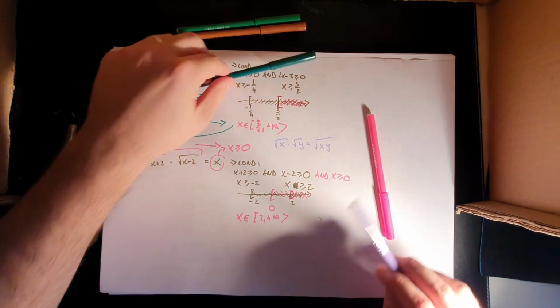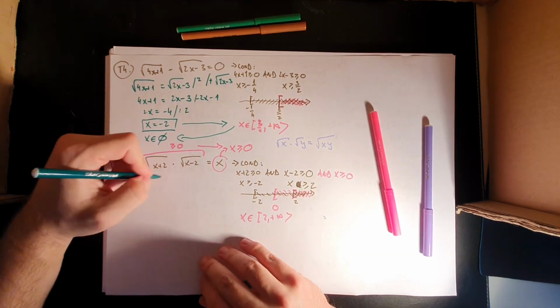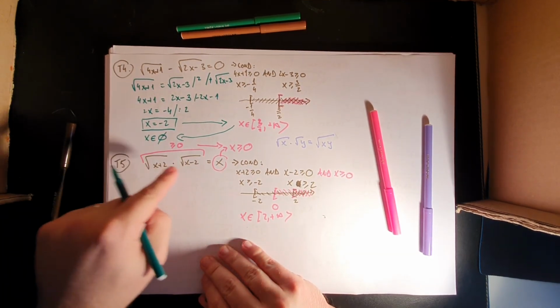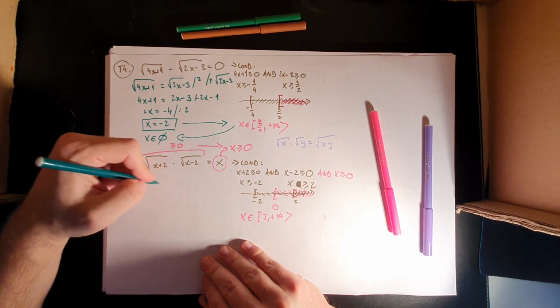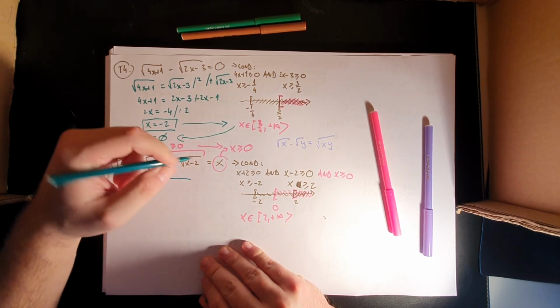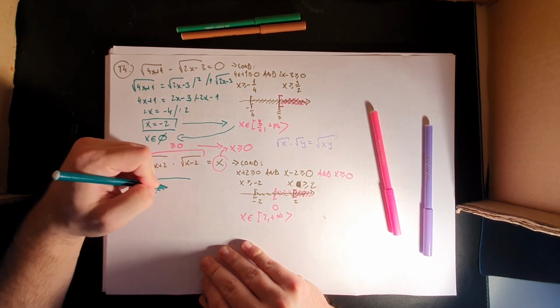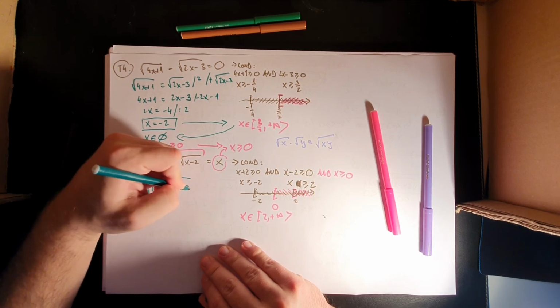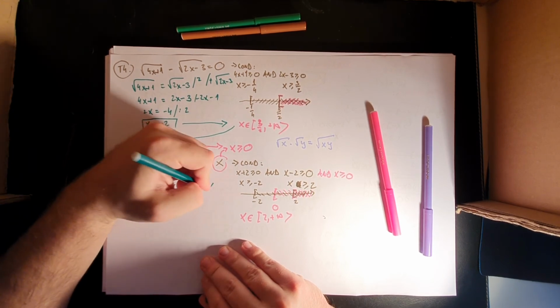Let's apply it to this task. We made sure that both of these values inside of the root are non-negative, so we can put it all in one root, equal to x.